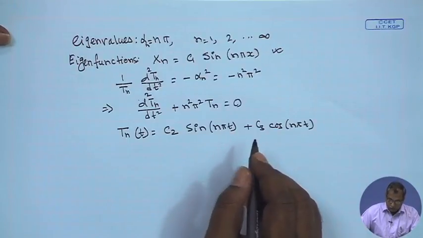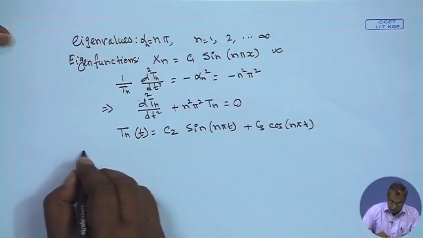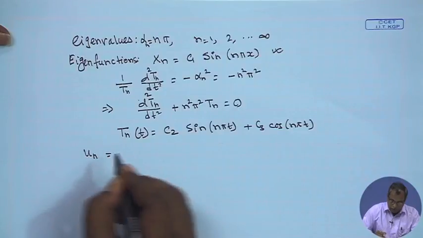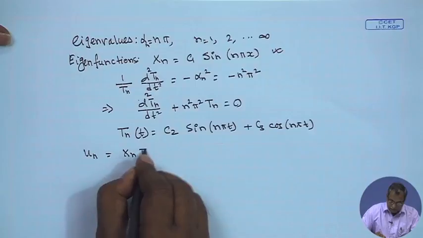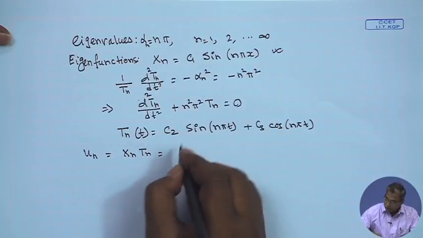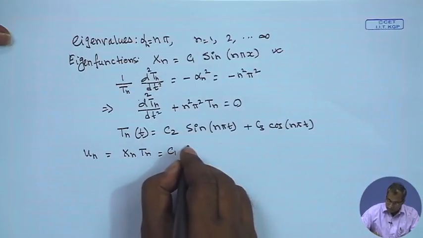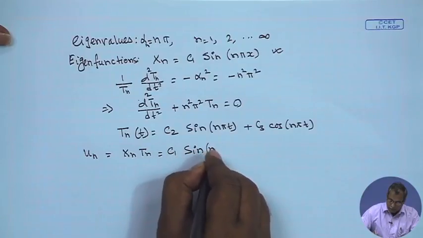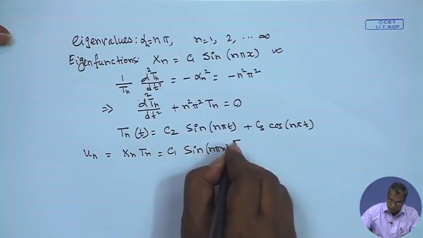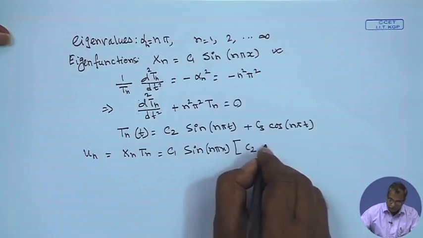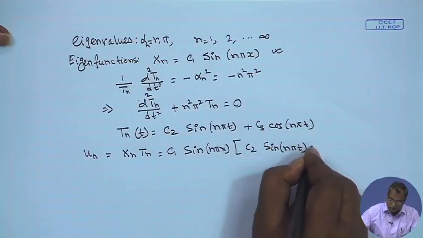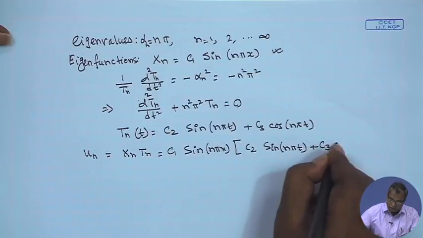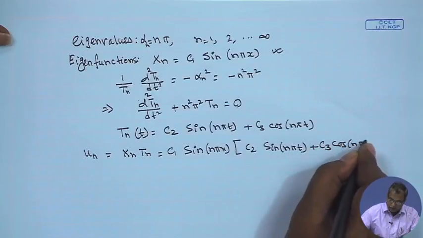Okay. So, let us look into the solution corresponding to the nth eigenvalue. This will be nothing but X n T n, so it will be C 1 sin n pi x multiplied by C 2 sin n pi t plus C 3 cosine n pi t.